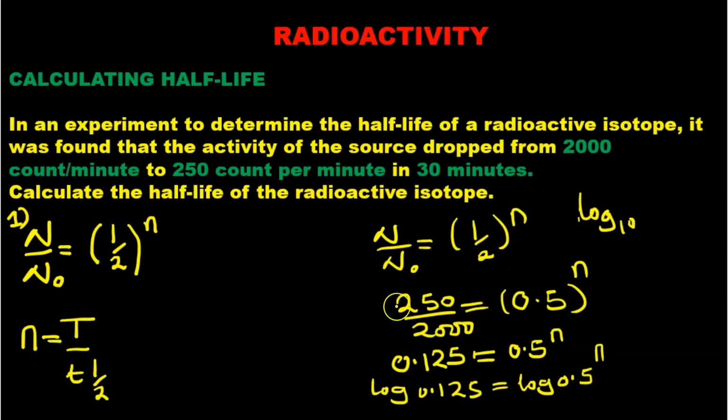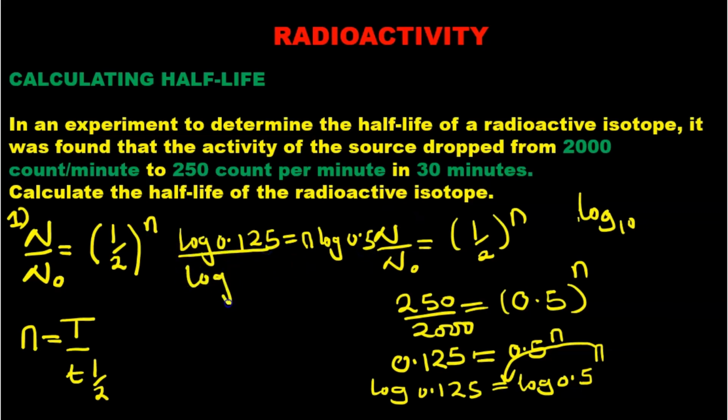So this expression can be written as log 0.125 is equal to n log 0.5, because the n drops to this side. Now we want to find n, so we divide both sides by log 0.5.